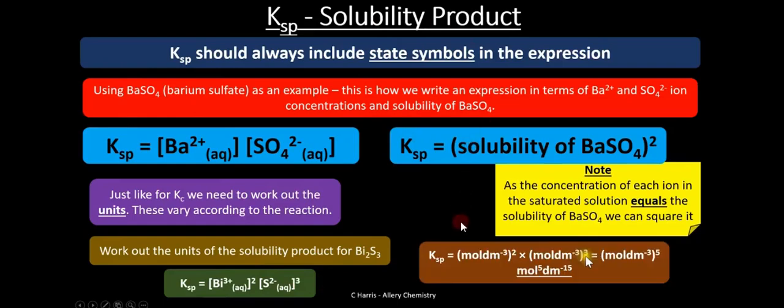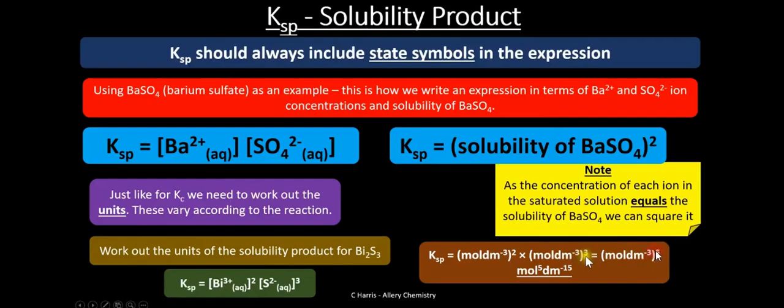And for the units, you need to calculate your units as follows. Your moles per cubic decimeter squared, because remember this is concentration, times your moles per cubic decimeter to the power of 3, and this is going to be equal to moles to the power of 5 per dm to the power of 15.